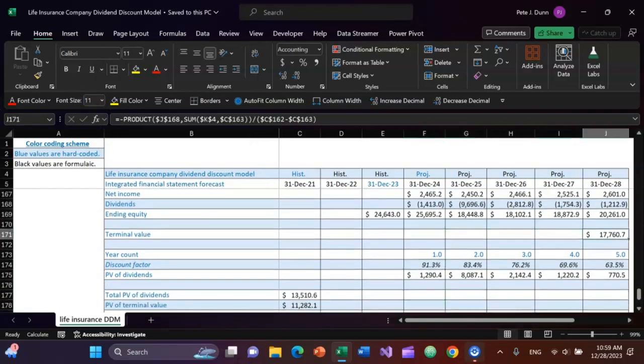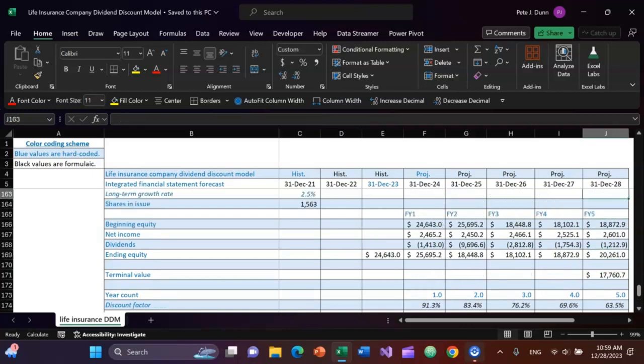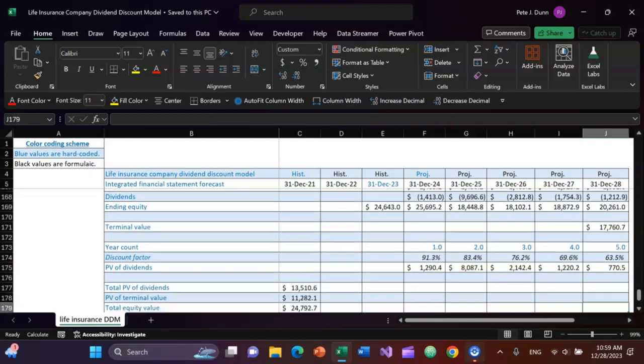Terminal value is calculated using the Gordon growth method. So you've got J as in Juliet 168, which is the dividend assumption for that year, times sum of 1 plus row 163, which is the growth rate.